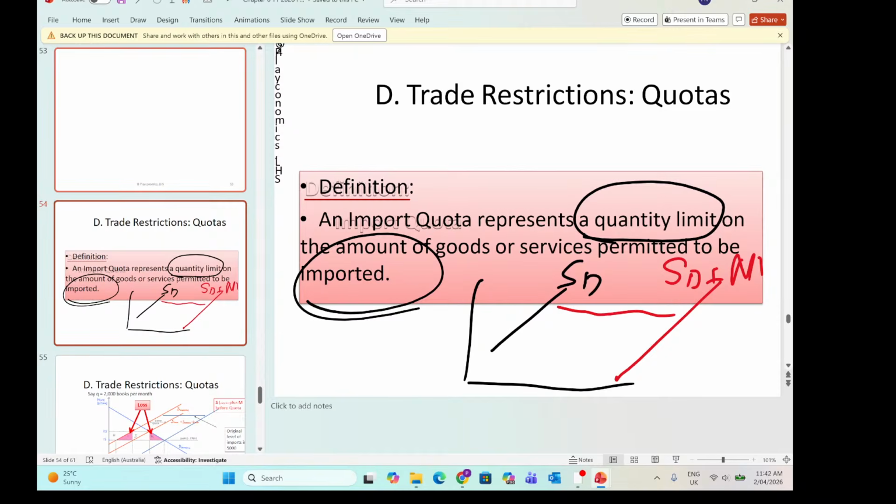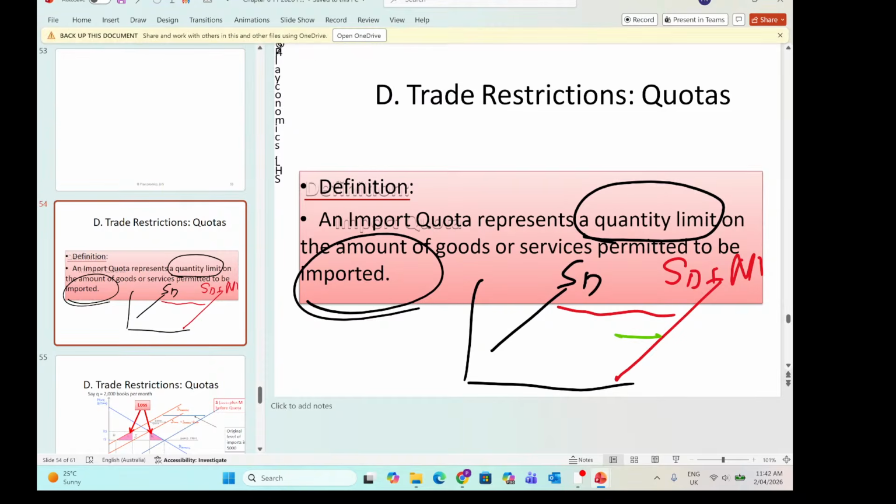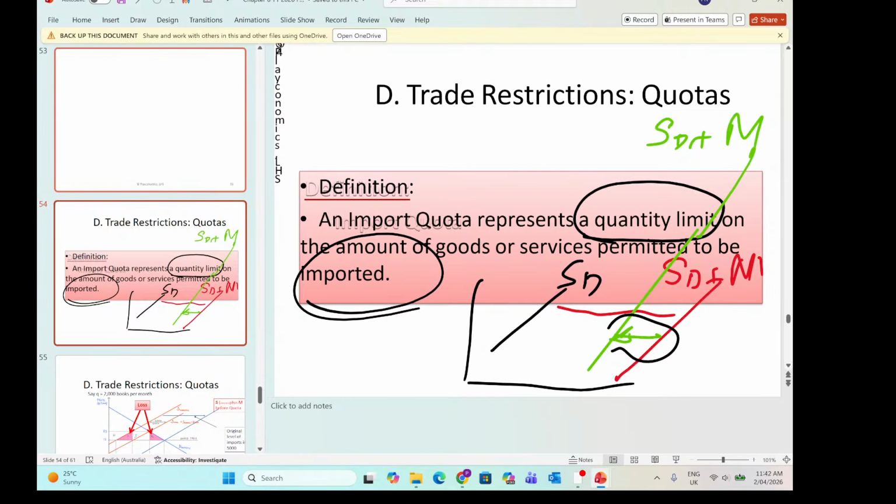The government would then say the level of imports has to fall. We're going to only allow a smaller amount of imports. So the actual supply curve, the total supply curve for the domestic plus the imports would move to the left, because now there are less imports being allowed. We've reduced the level of imports by this much.